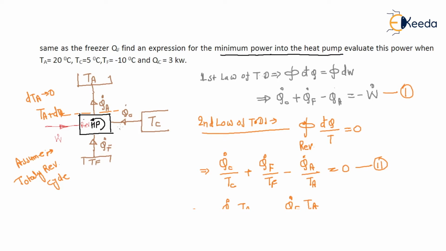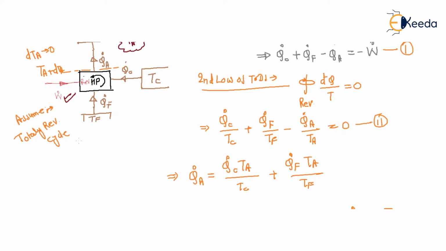If we add this, we calculate minimum power input with a surrounding reference temperature TA. So TA is nothing, it is a reference temperature. With respect to this, what is the exergy input? The summation of all this exergy input is nothing, it is a minimum reversible work input.